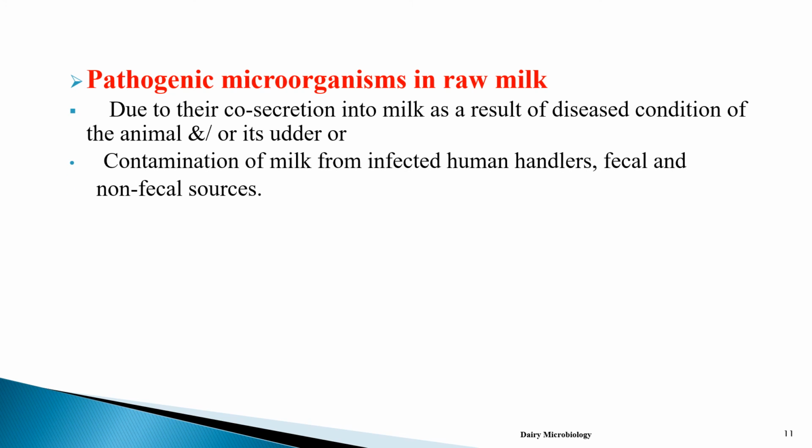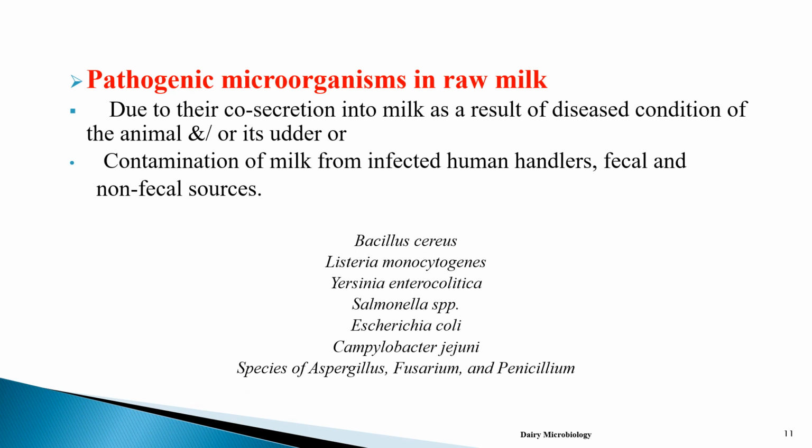Another source is contamination of milk from an infected human handler as well as fecal and non-fecal sources. Examples of pathogenic microorganisms include Bacillus cereus, Listeria monocytogenes, Yersinia enterocolitica, Salmonella species, Escherichia coli, Campylobacter jejuni, and species of Aspergillus, Fusarium, and Penicillium.